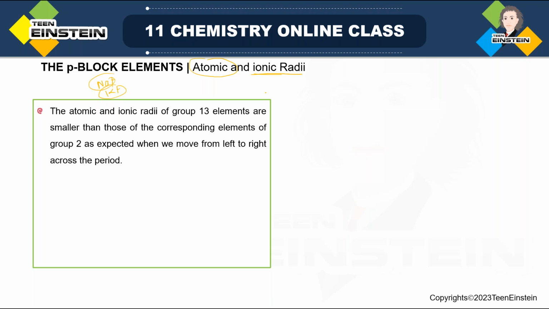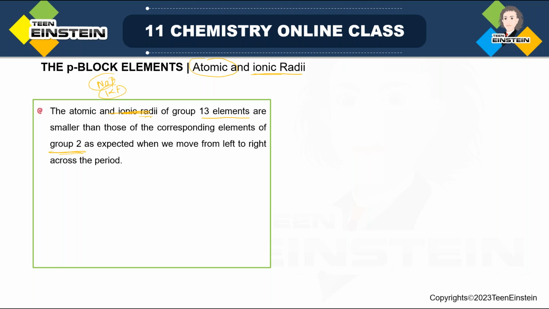Now size, we know, increases down the group; that is the expectation. But if we compare with group 2, the atomic and ionic radii of group 13 elements, better I do not write it, because as we are comparing with group 2, it is mostly the positive state, and not necessarily will all of these have some positive state.